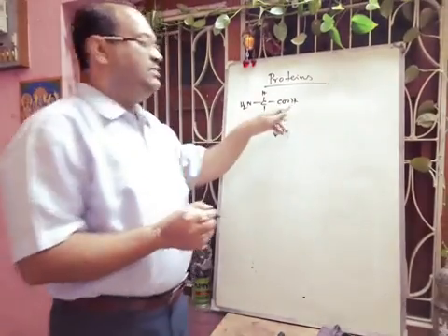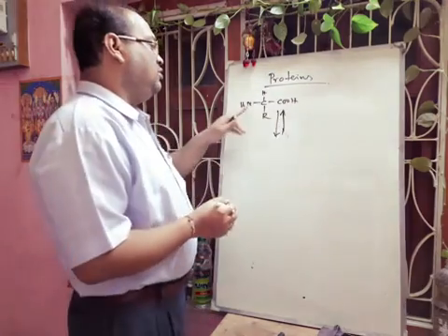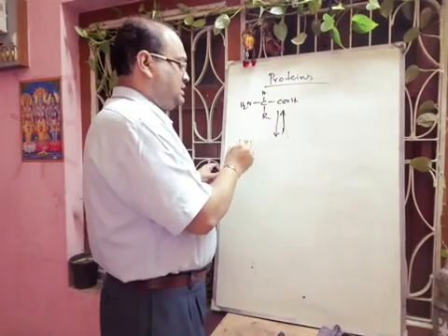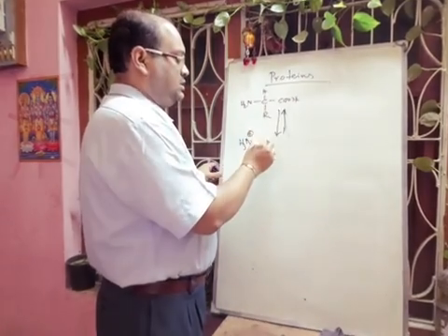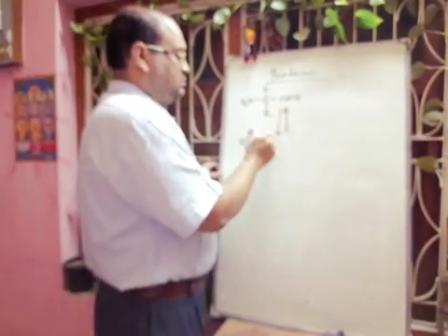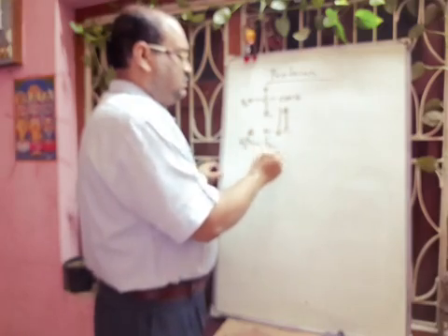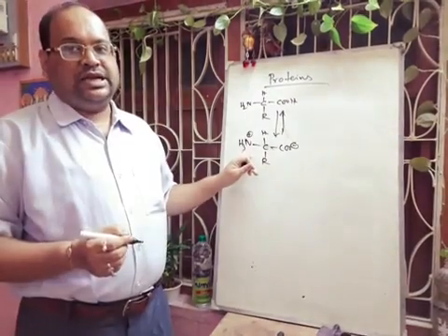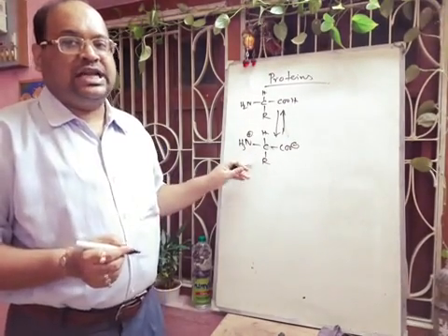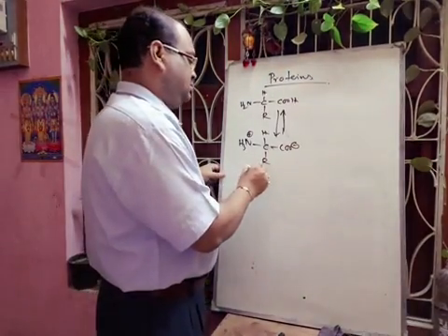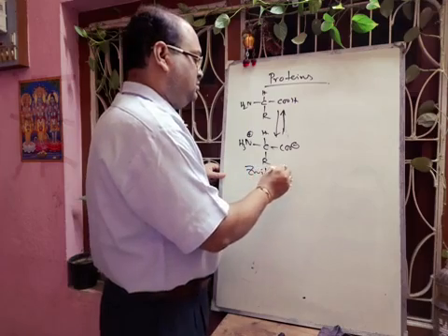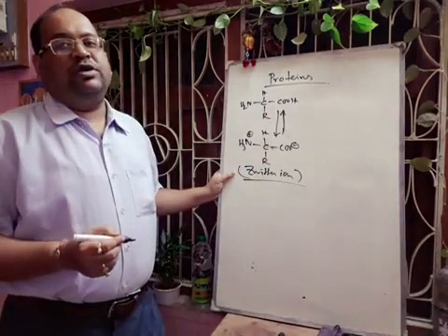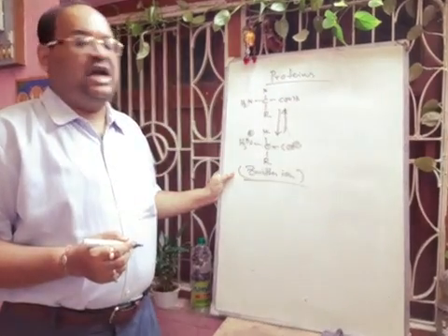This acid proton will go to this amine, so it will become NH3 plus, and this will form COO minus. Understand? So this is known as a zwitterion, or you can call it a dipolar ion.